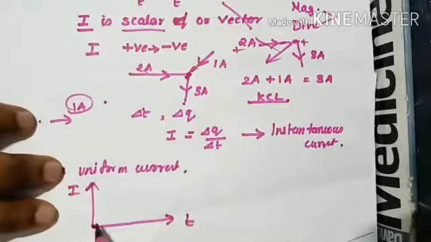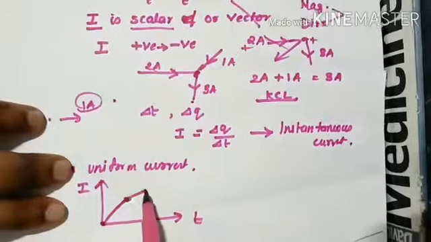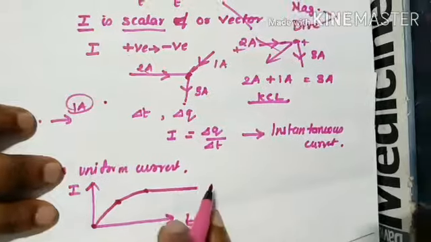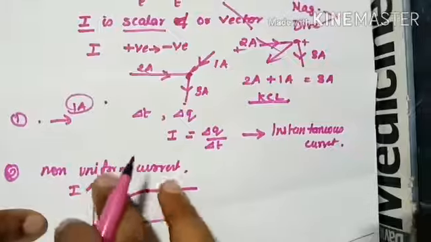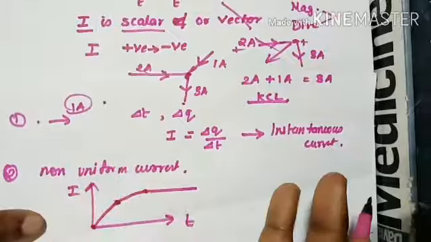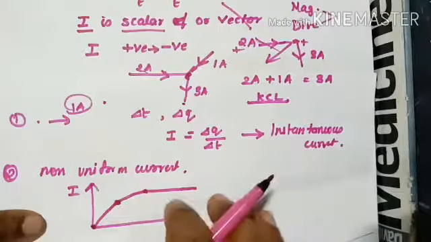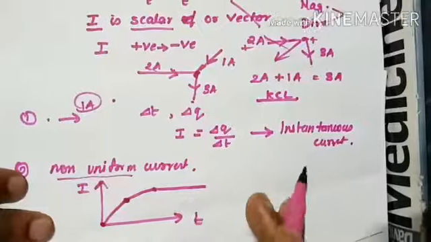As the time goes on, the current was initially increasing, then what happened we don't know. It can go on and become a steady form. This much is clear. That is, as the time increases, the current can increase or decrease. It can also decrease, in a non-uniform way. Clear?